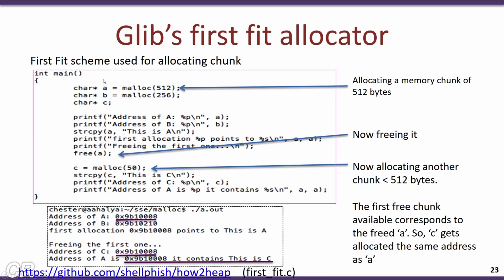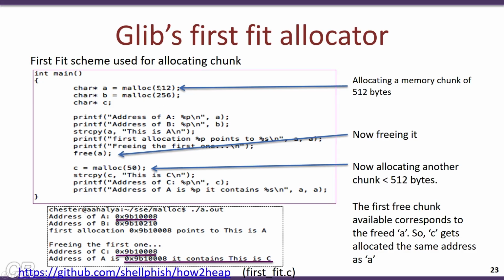So let us see an example of the use of the first fit allocation which is present in ptmalloc. In this example, we malloc two regions, one of 512 bytes which is pointed to by A, and the other of 256 bytes which is pointed to by B. Then we free A and we malloc C, which is of 50 bytes.